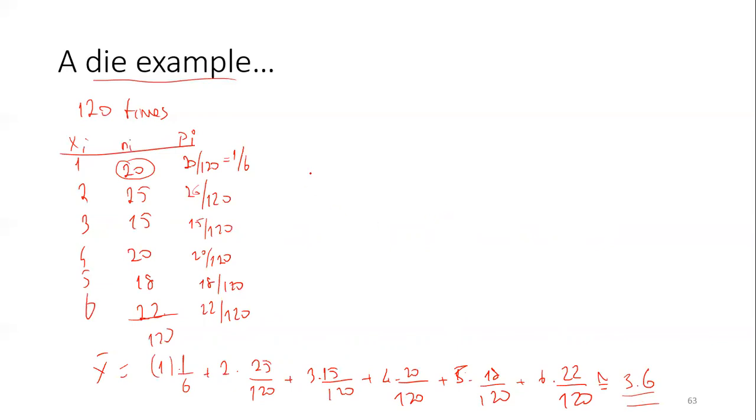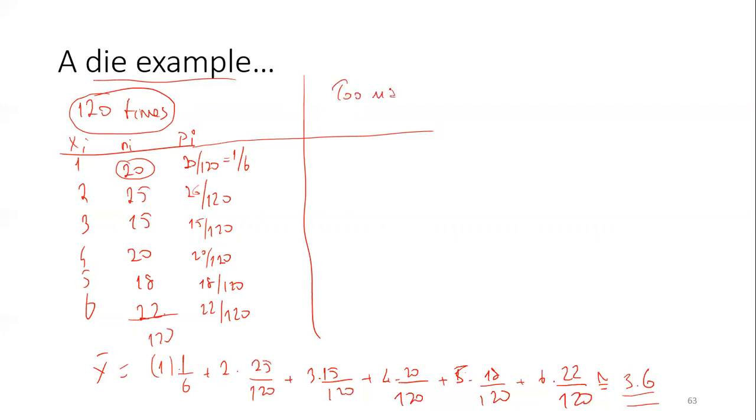Now please just think what happens if you do this not 120 times, but too many times, or let's say infinitely many times. Then what will be the pi?